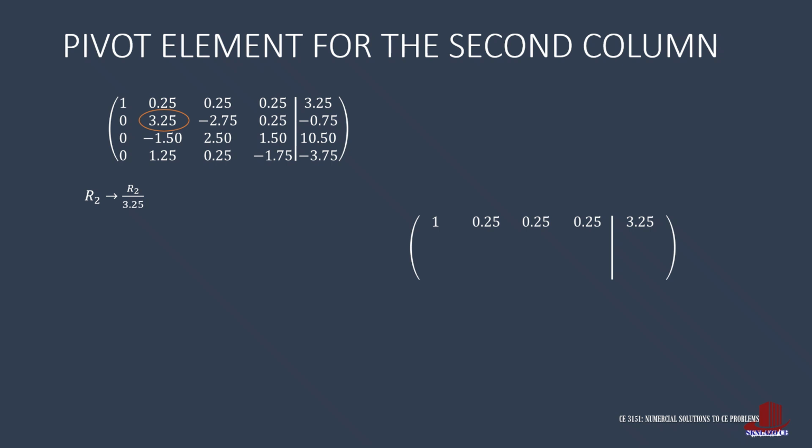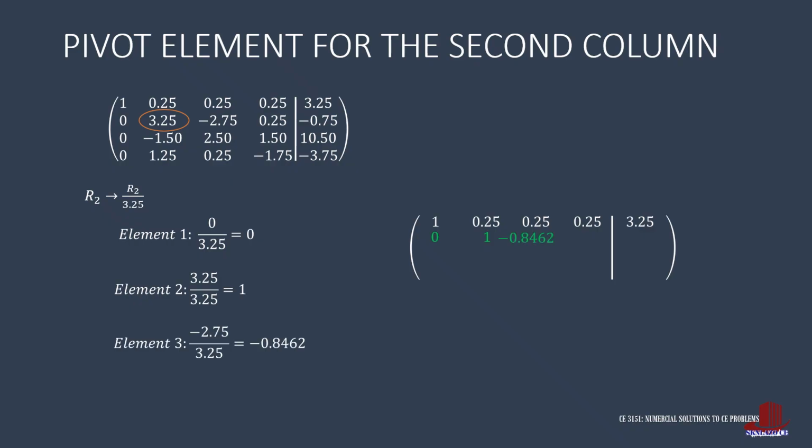The first element is then 0 over 3.25, which is 0. The next is 3.25 over 3.25, giving 1. The third element is negative 2.75 over 3.25, yielding negative 0.8462. The fourth is then 0.25 over 3.25, resulting in 0.0769.